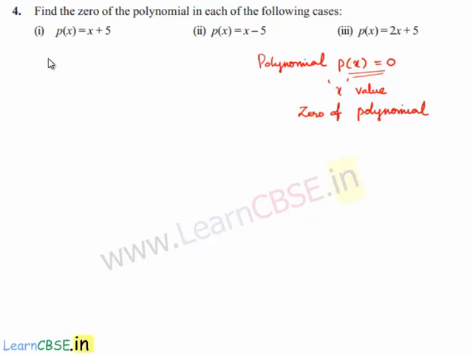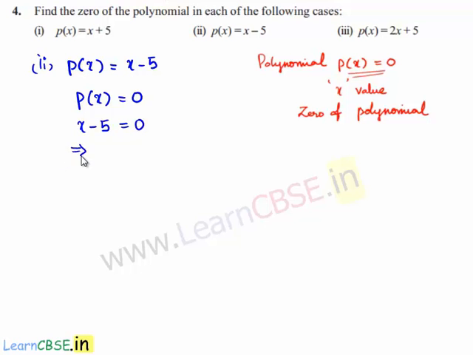Now let us see the second polynomial, which is p of x is equal to x minus 5. So for finding the zero of the polynomial, we must equate the given polynomial to 0, which is p of x is equal to 0. Given that p of x is equal to x minus 5, so we can write x minus 5 is equal to 0.